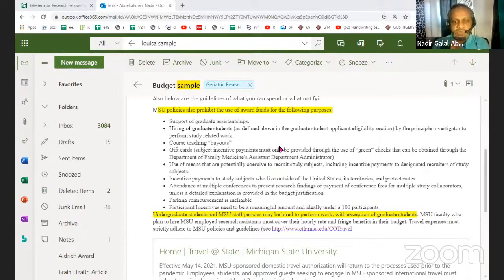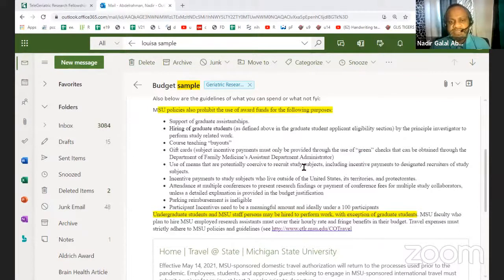Then I think you should look at the rules of the funder you are submitting your proposal to. For instance, at MSU, they have funding or awards for geriatric proposals. In their rules, they can tell you what the fund will support or accept to pay for, and what the limitations are.